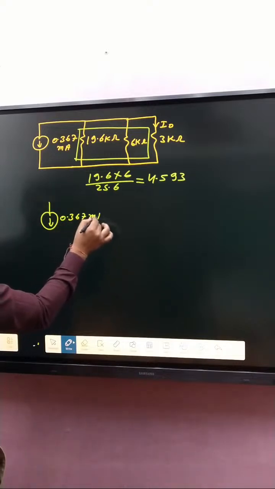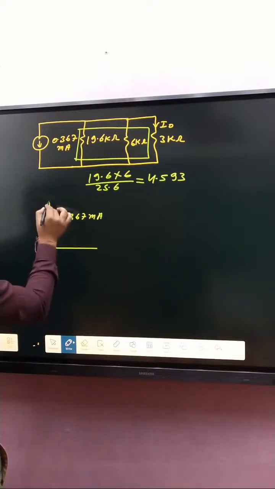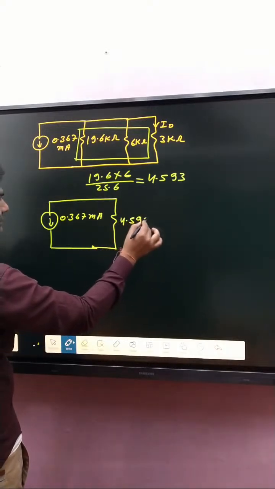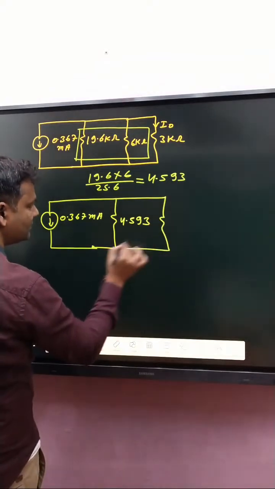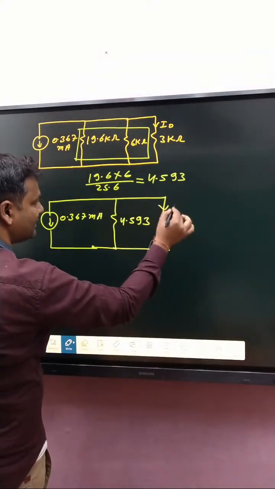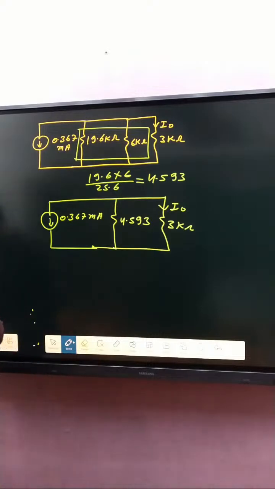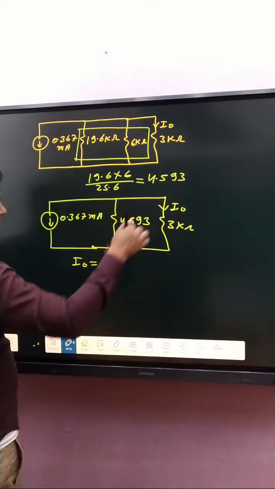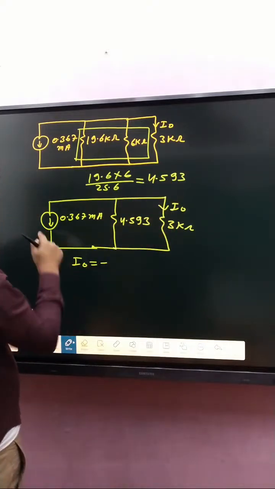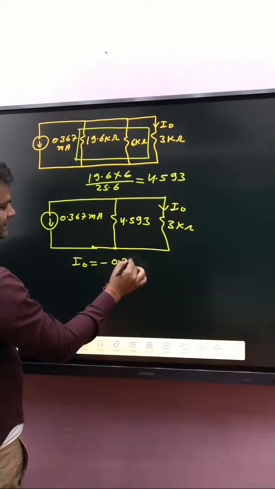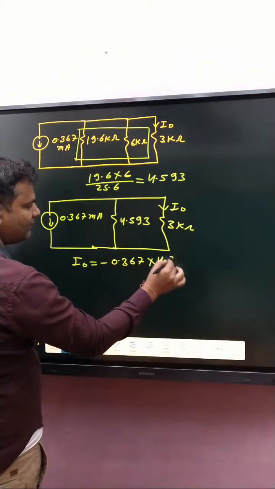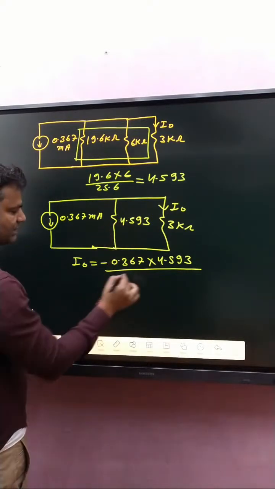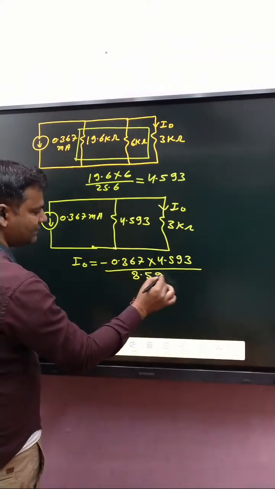So you can make here 0.367 milliampere in this direction, and that one is 4.593, and that one is 3 kilo ohm. Okay, and here I naught. If you see very carefully, apply the current division rule, then we get minus, because both current directions are downwards. 0.367 into 4.593 divided by the sum of these two, that is 4.593 plus 3, 8.593.